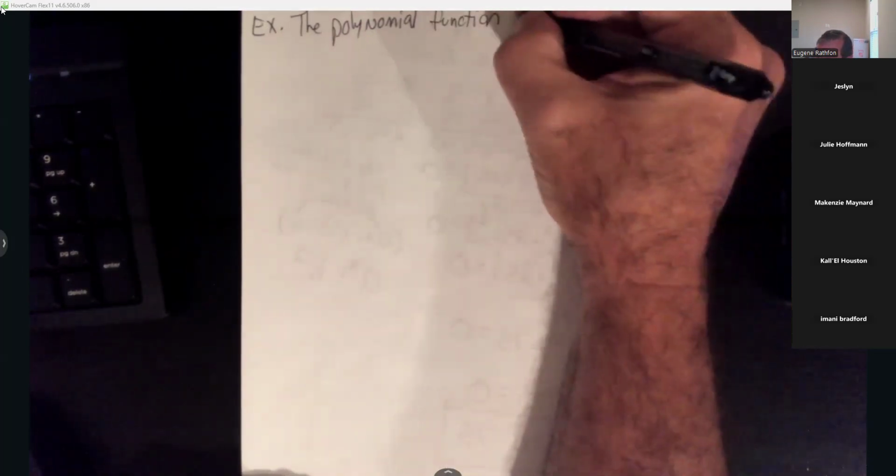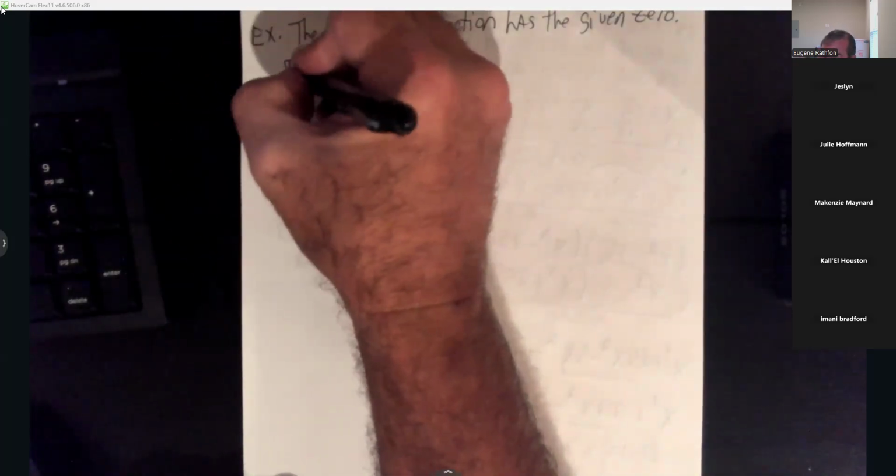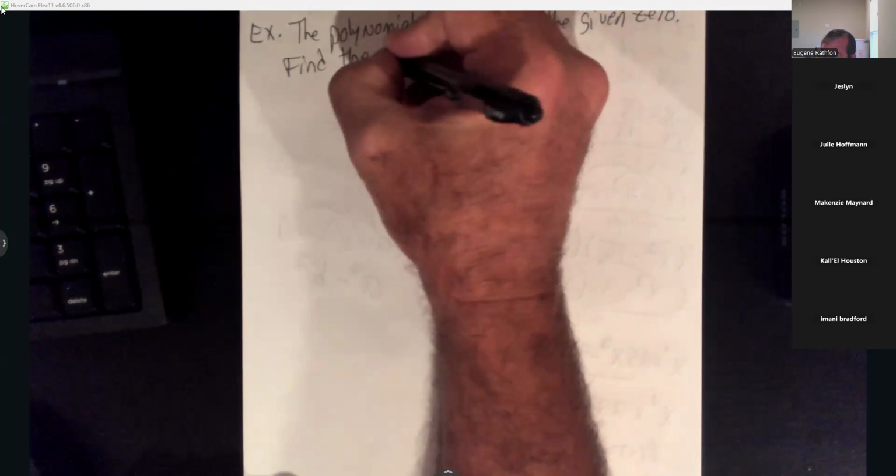The polynomial function has the given zero. They want me to find the other zeros. So this is where I'll explain about that quotient type stuff on these synthetic divisions, okay?